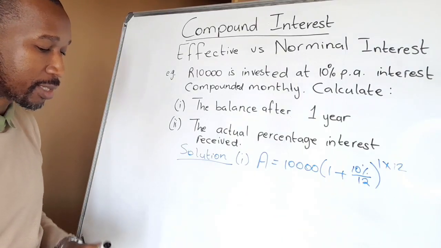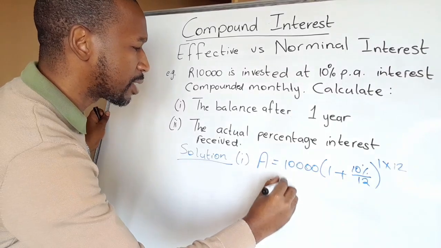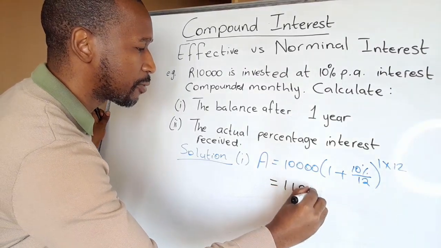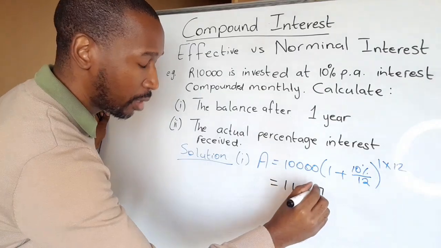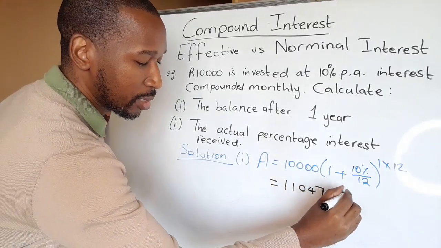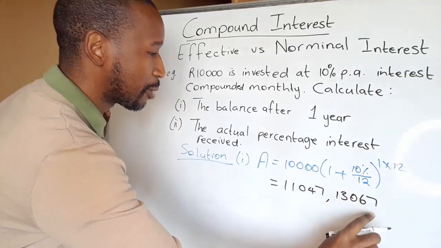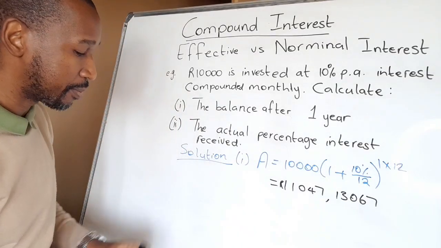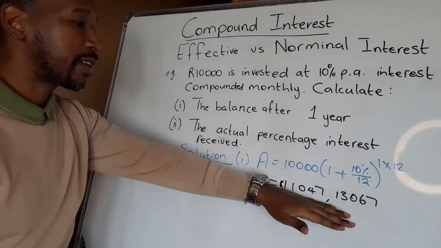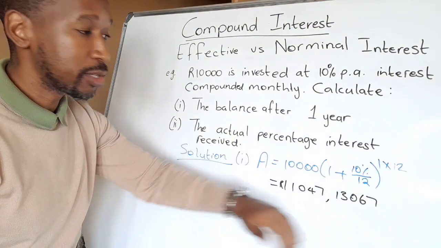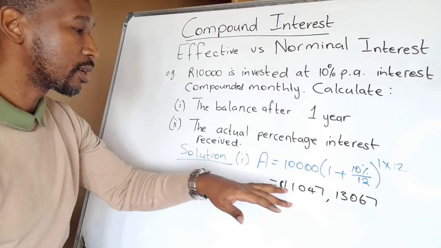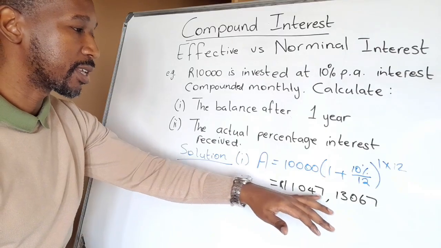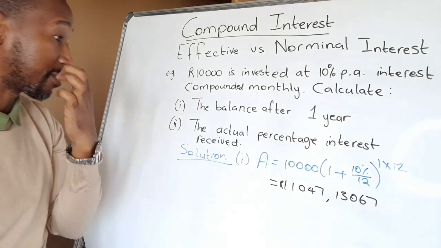Now, when we get the answer to this, we find that it becomes 11,047 Rand, 13067. Please just allow me to leave these decimals as they are so that you can see the picture clearly. So this is what we have as the money received: 11,047.13067.